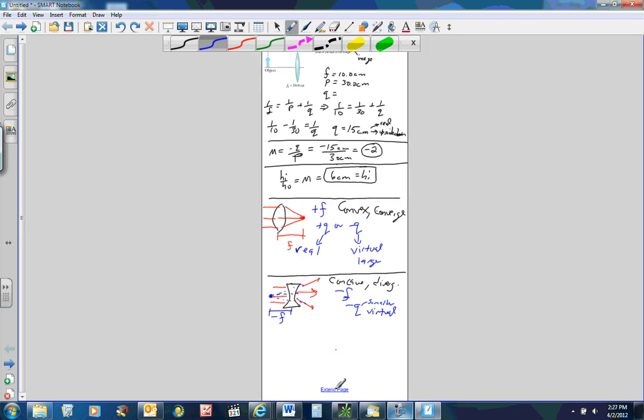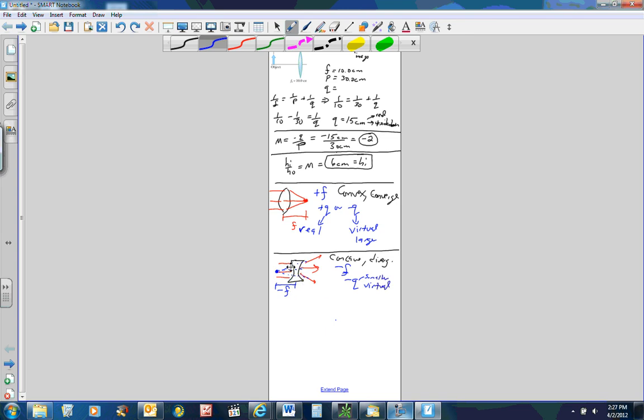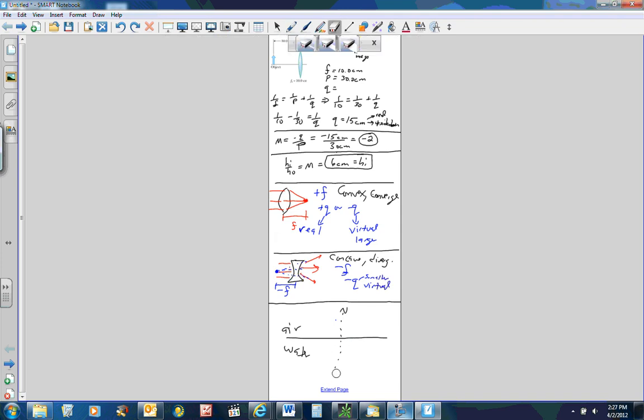And then the last thing that we did in this chapter, or actually the first thing, not the last, was refraction, which lenses use. That's the way they work. And so if I have air and water, and there's my normal line, the imaginary line that's perpendicular to the surface.